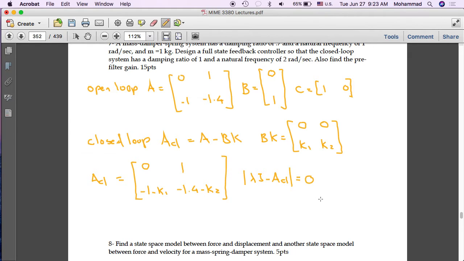So the determinant becomes lambda here minus 1.